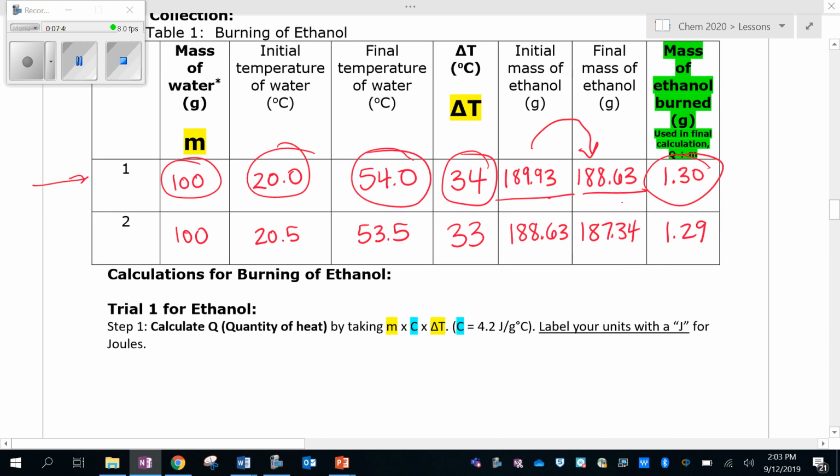Okay, so first step, we need to calculate what's called Q, the quantity of heat, how much energy was released by the ethanol, by taking the mass of the water multiplied by the specific heat for water, which is 4.2, multiplied by that change in temperature, which is 34.